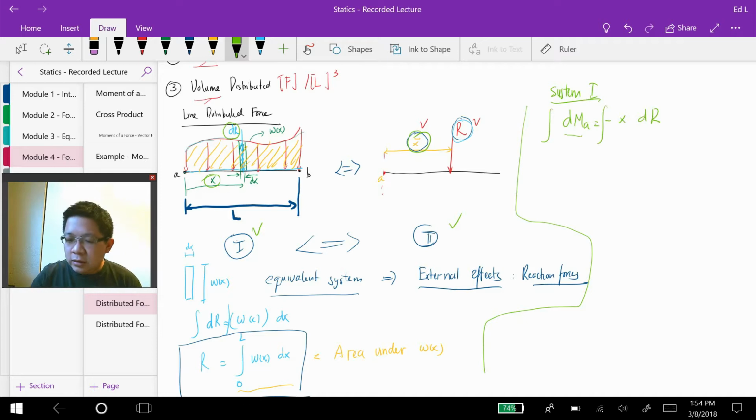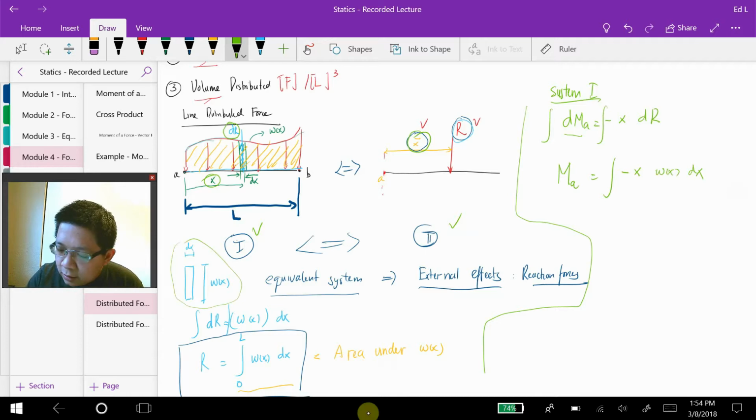Integrating the left hand side equation, I obtain M_A. And then the right hand side equation becomes x dR, and we know dR is w(x) dx, from what we have formulated in here.